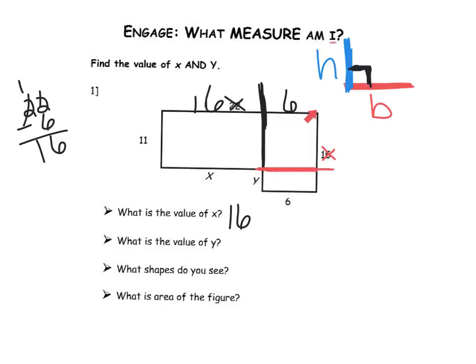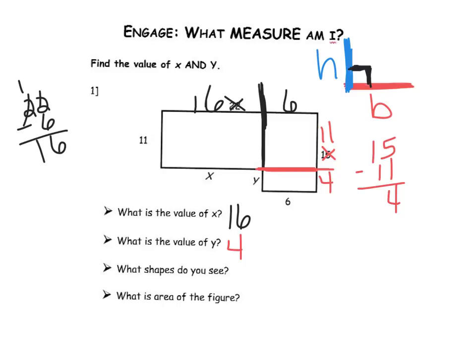Now if this is no longer 15, I know this part right here, according to this rectangle, if that's 11, then this is going to be 11 too. And again, opposite sides are congruent when you're talking about rectangles. So if that's 11, then the whole thing was 15, you need to subtract 15 minus 11 to give you 4. So that means y will equal 4.